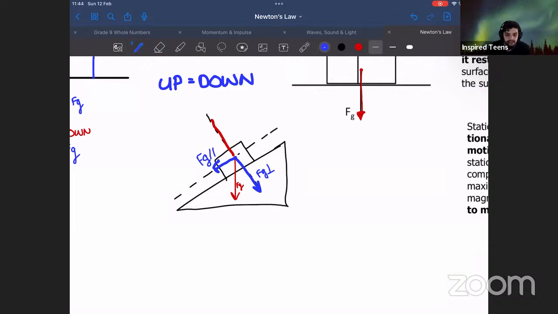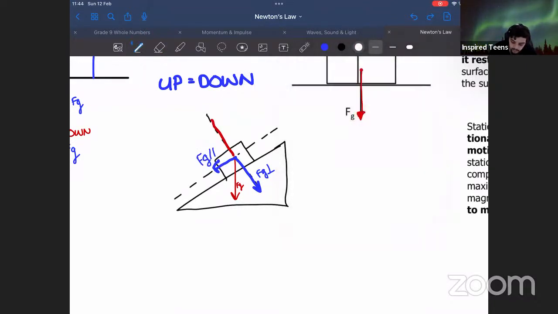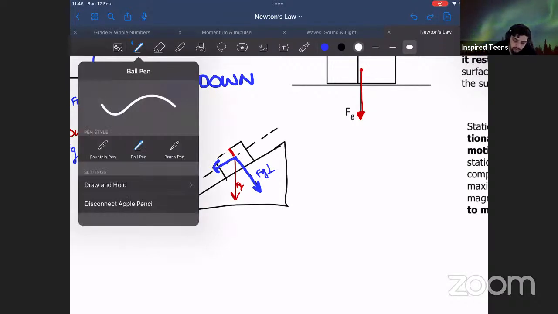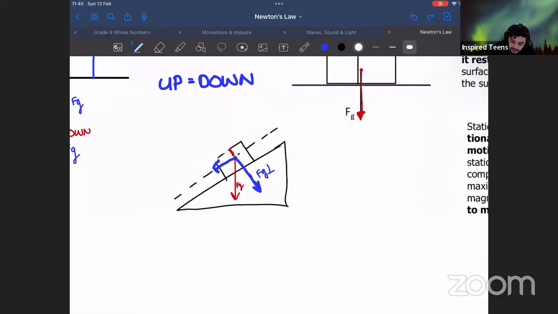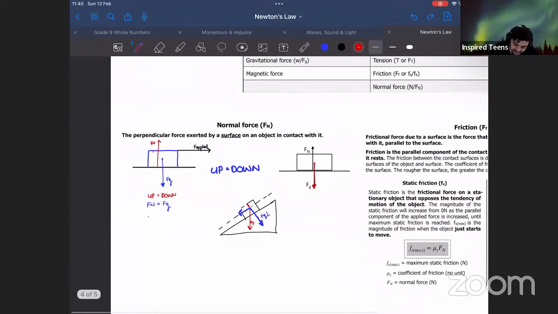Now, in this specific case, we have FG represented as a downward force. When we consider our F normal, in this case, it would be always perpendicular to the surface.